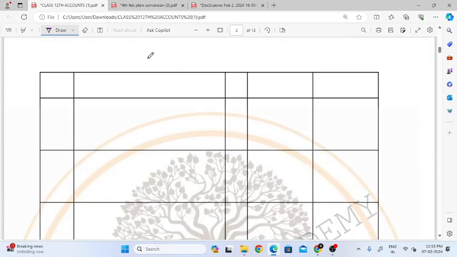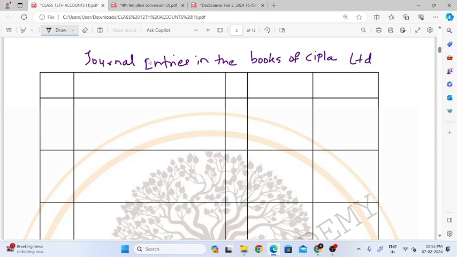So I'll write down journal entries in the books of Cipla Limited. Serial number, particulars, LF, debit and credit.